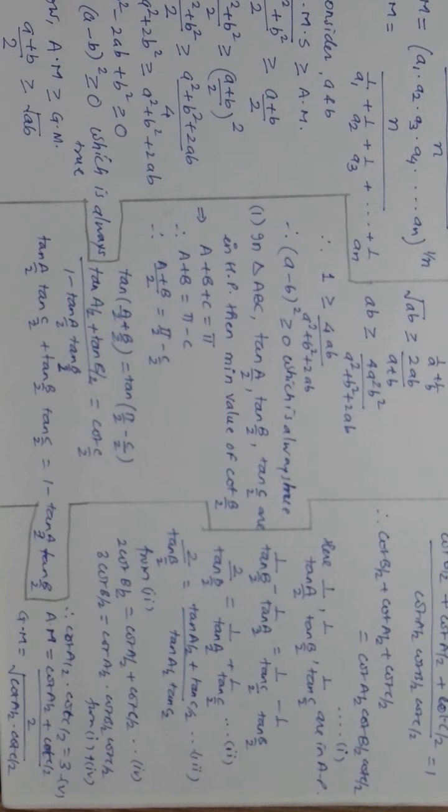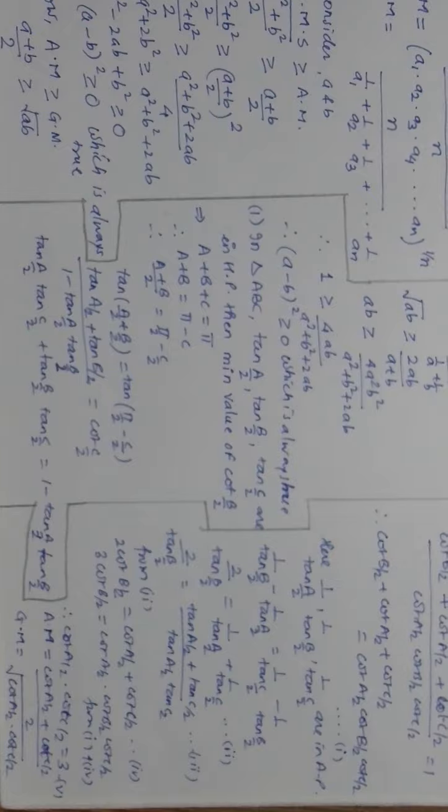That means cot B by 2 is greater than or equal to root 3, means the value is either root 3 or more than root 3. So the minimum value of cot B by 2 will be root 3. Okay, I hope you have understood it. Go through it once again.